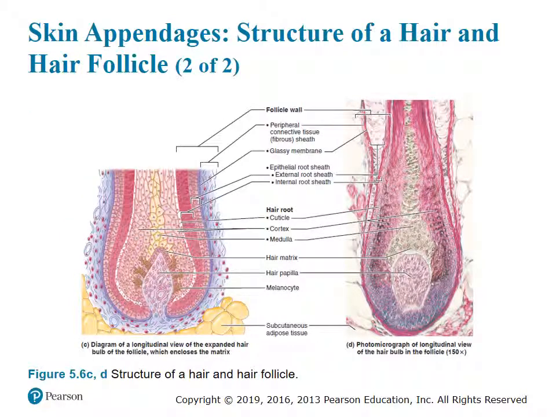I just want to show you where the actual hair matrix is. And it's this little band, or this little row of cells here. That row of cells there produces all the cells that become all of this other stuff here. Okay, that's the matrix.